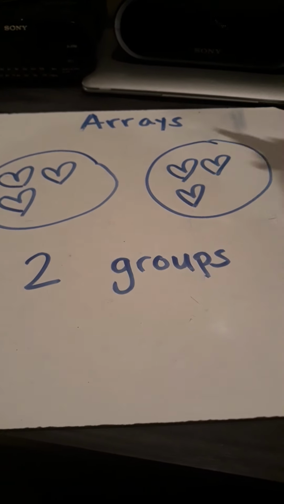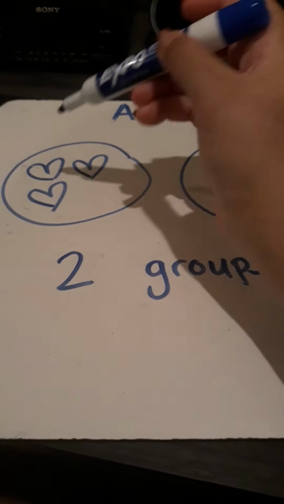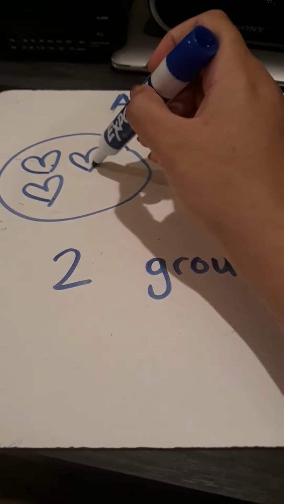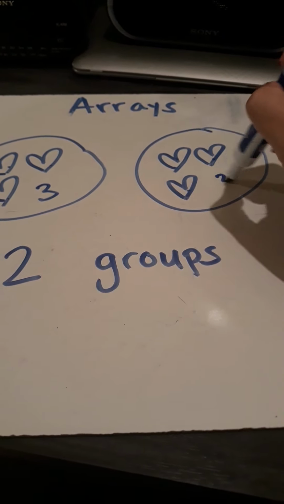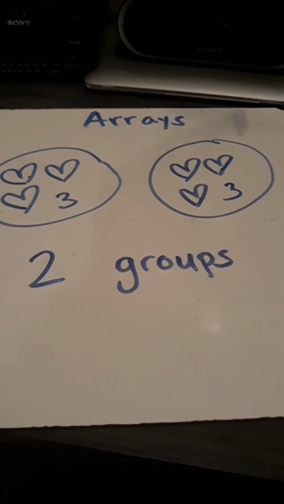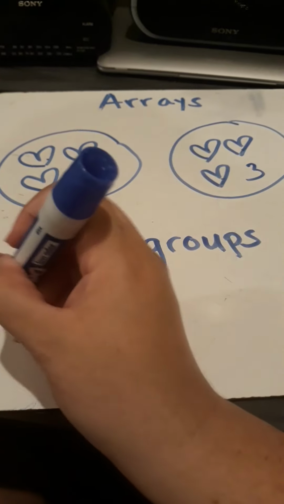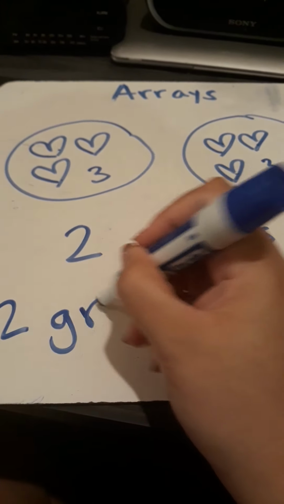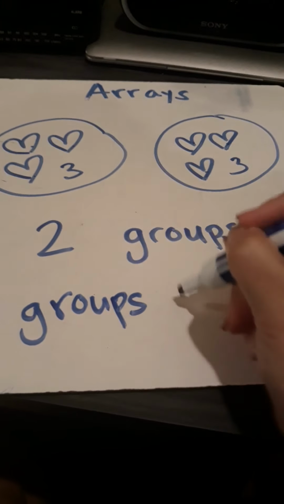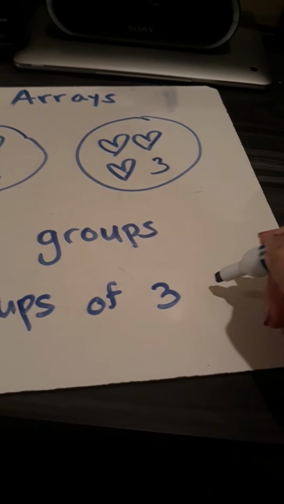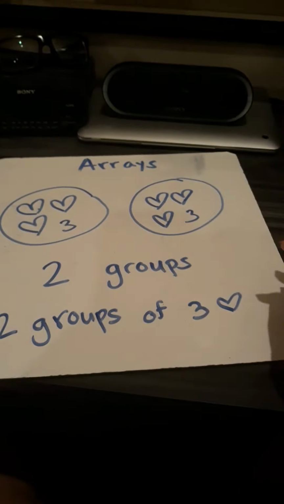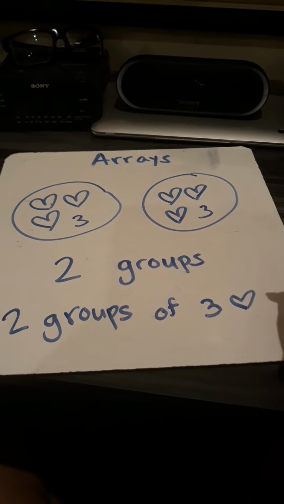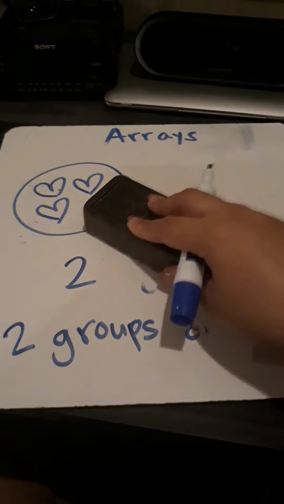Here's my other group. How many in each? Let's count. 1, 2, 3. 3. 1, 2, 3. 3. So I guess you could say I have 2 groups of 3 hearts. Awesome.